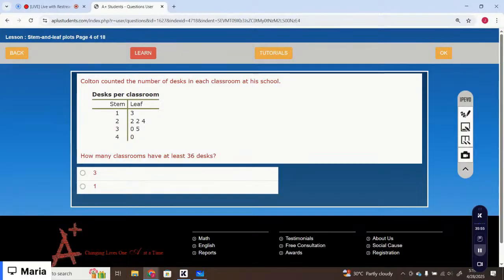At least 36. Only one. The number that is greater than 36 is 40. So the correct option is 40. The correct option is option number 2.